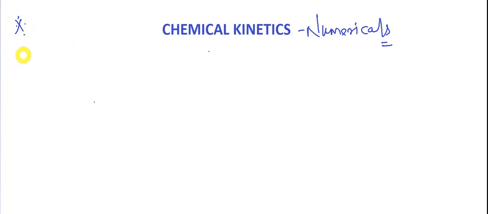First and foremost, the important part is the rate of the chemical reaction. That's the most important point. What is rate actually? Rate is nothing but change in concentration with respect to time.